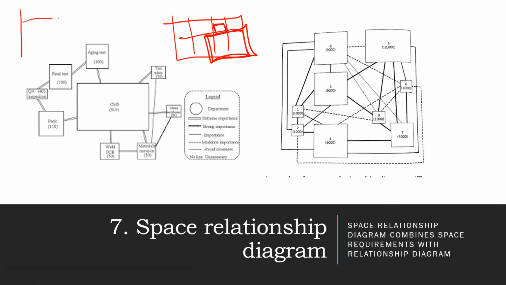For example, may isa kang area na ganyan. Ayan. Ito si A, ito si B, ito si C, ito si D. So, halimbawa, yung D kailangan daw adjacent kay A. Okay, na-address. Di ba? Si B kailangan adjacent kay A, kay D, kay C. Si C kailangan adjacent sa lahat din. Di ba?